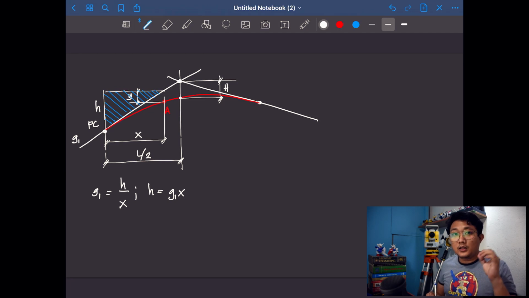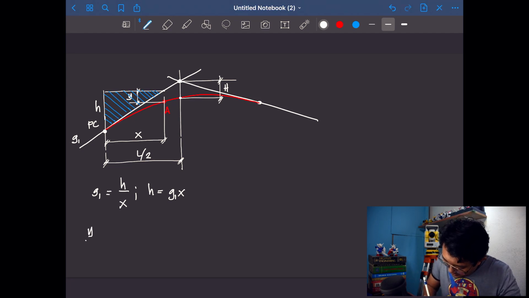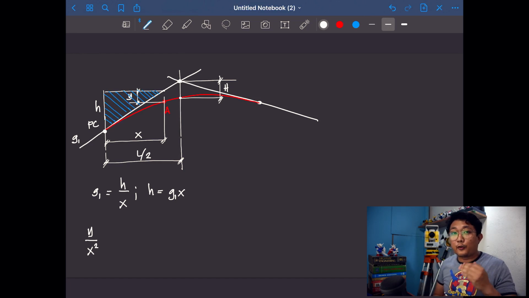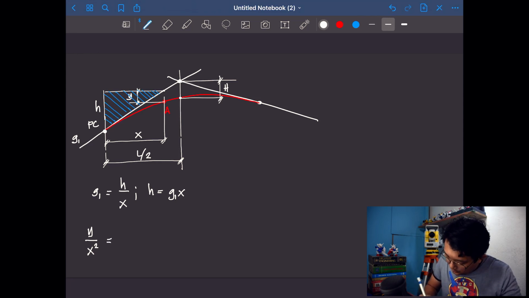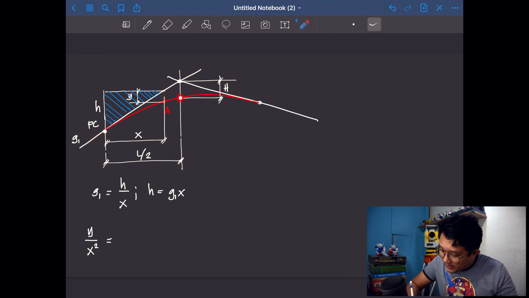For y, we need to use what we call the squared property of parabola. So the squared property of parabola would look like this. You will have y over x squared. Take note again that we are measuring from PC through the tangent line. So this must be equal to, y is the distance from your tangent line to your parabola. So another point on the parabola is right here.